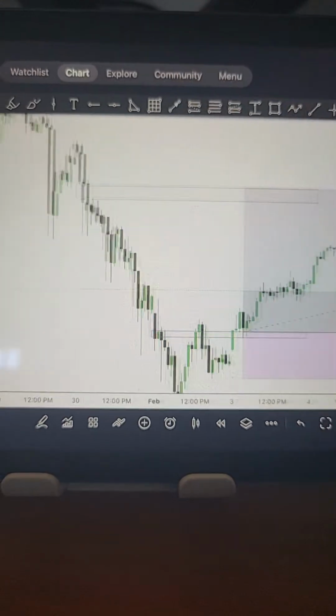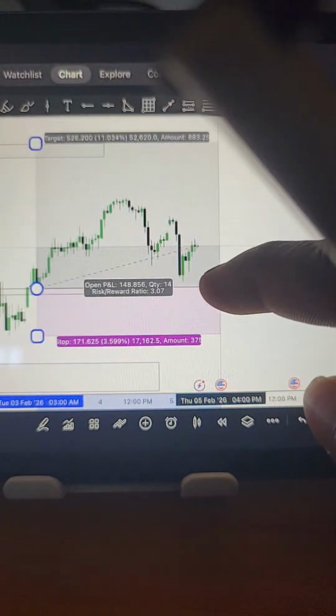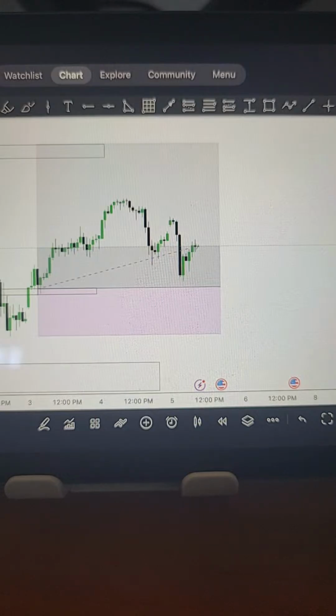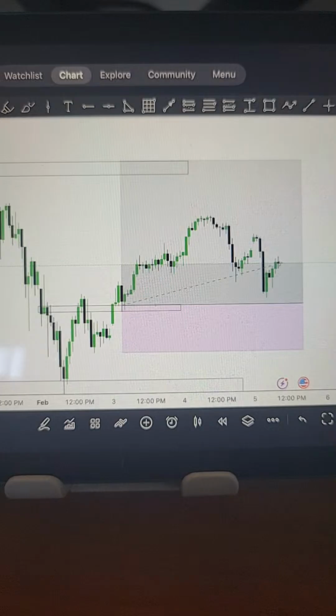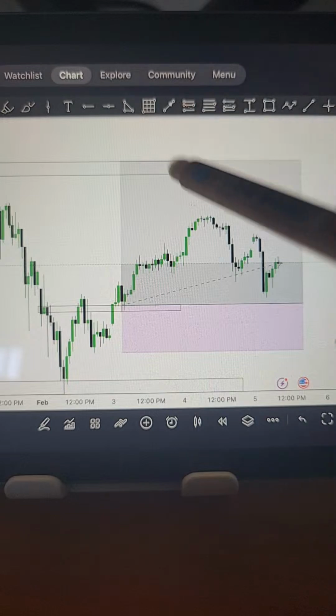This fair value gap, I expect gold to come up there and fill up the imbalance, guys. For now, we are still in profit in gold. If you are holding gold with me, I analyzed this particular setup on gold in the previous live. I'm currently holding this gold.